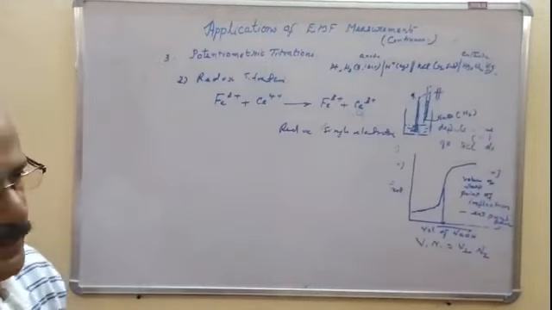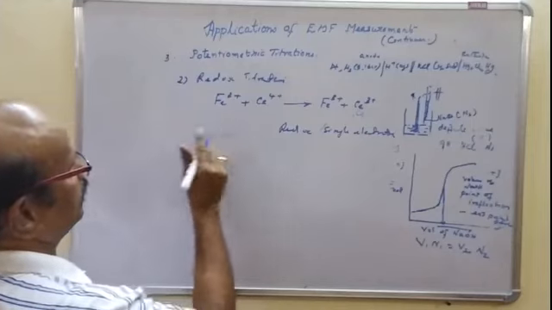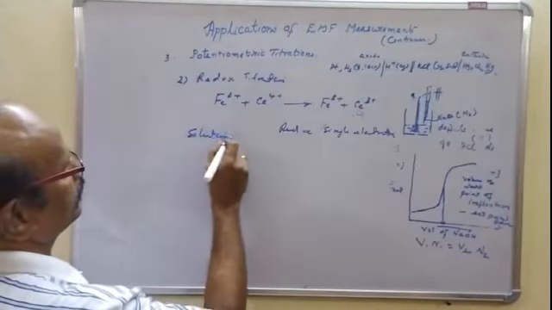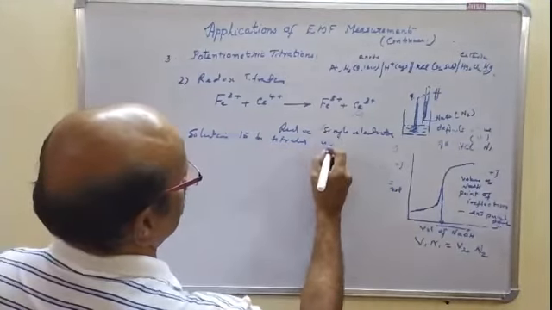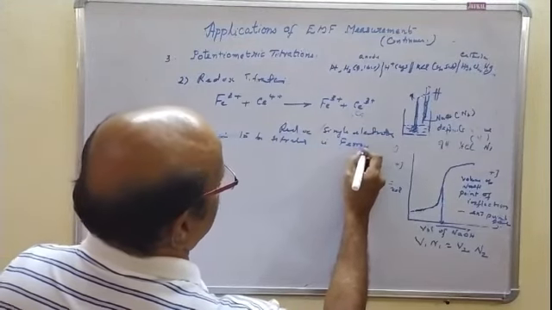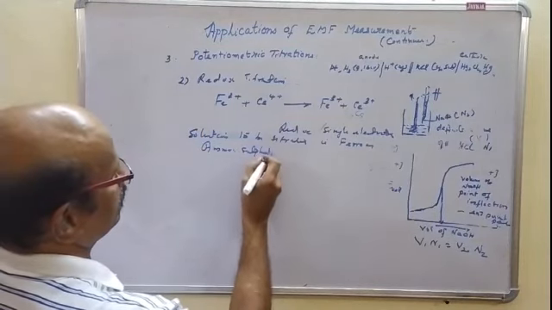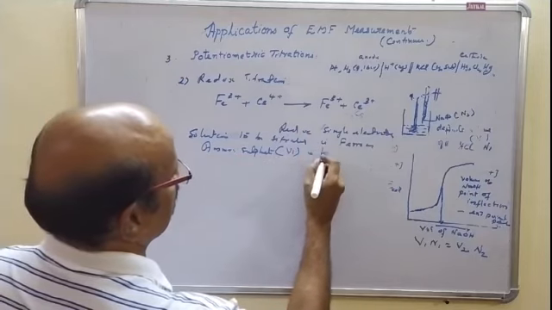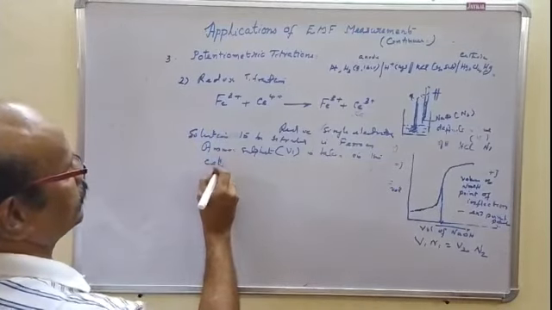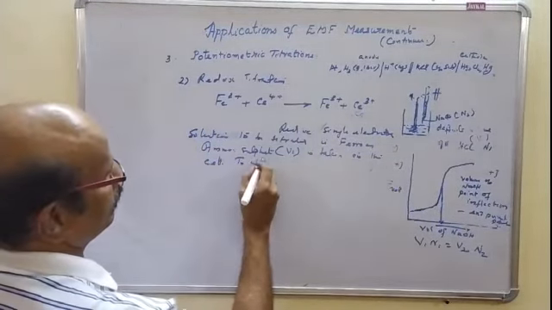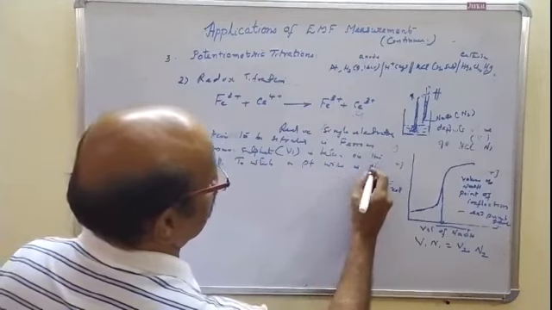A volume V1 of the solution to be titrated, that is ferrous ammonium sulfate, is taken in the beaker, into which a platinum wire is immersed.